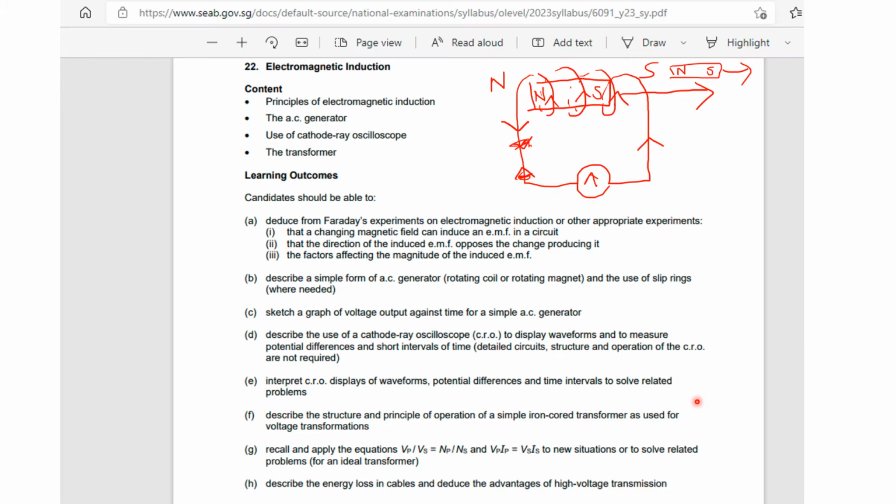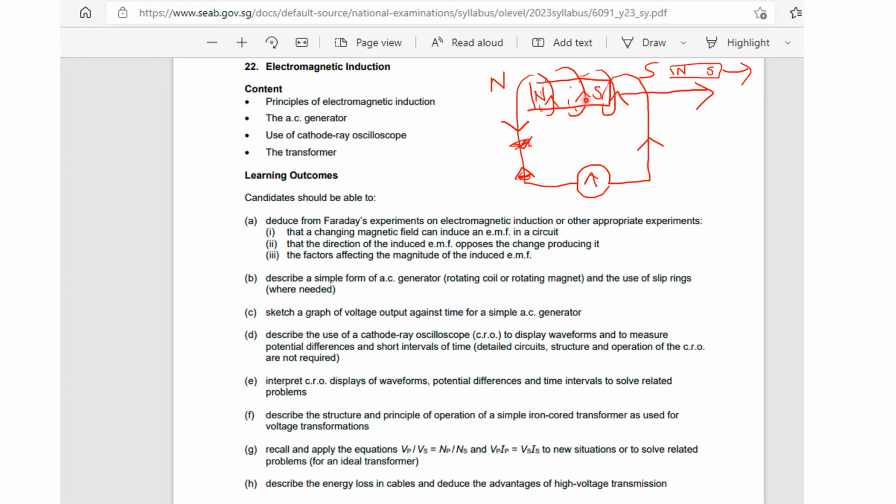So basically, you need to remember that it will try to oppose the change that is producing the induced EMF. In this case, it is the moving magnet that is producing the induced EMF. So the induced EMF produced will try to oppose it.